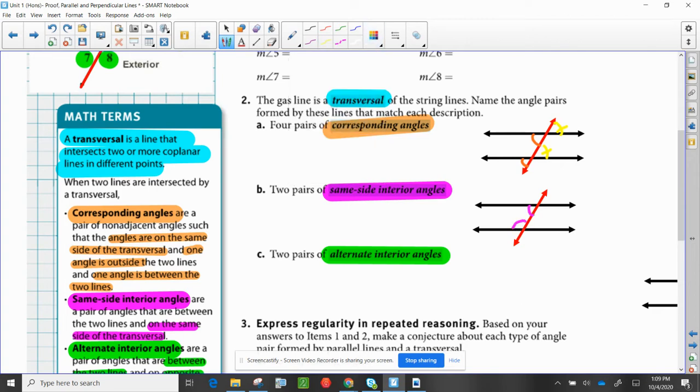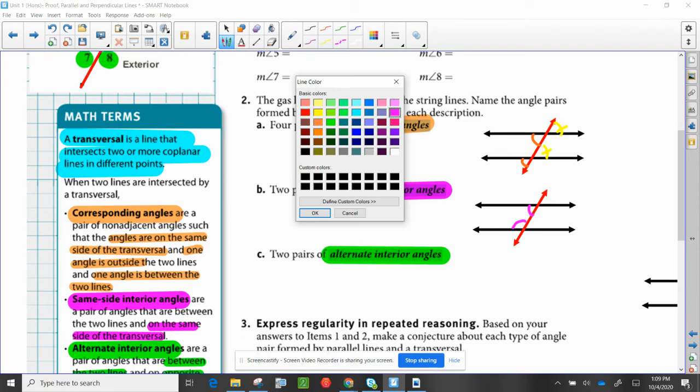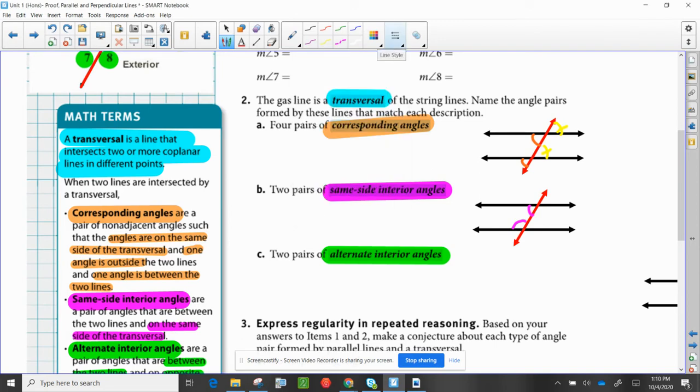They're on the same side of the transversal, both interior angles. Another example would be another pink one. If we had this angle and this angle, those are both same side interior angles. So we have two pairs of those angles. Again, they're on the same side of the transversal, both interior angles.